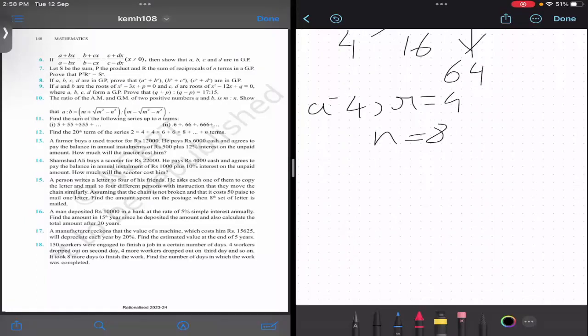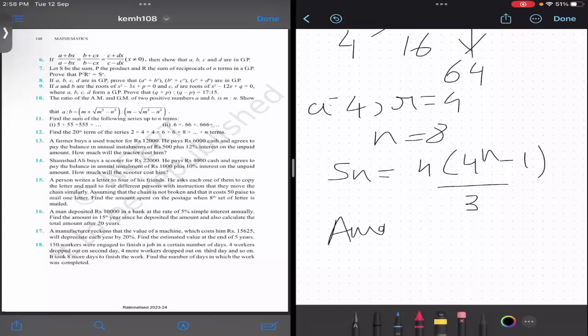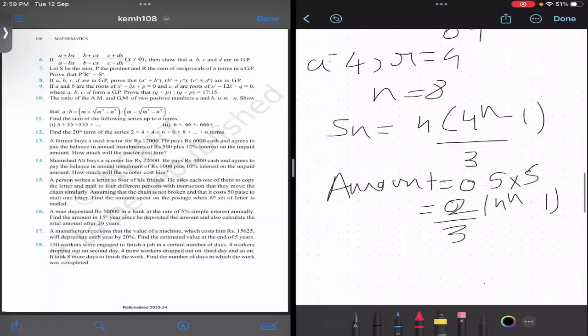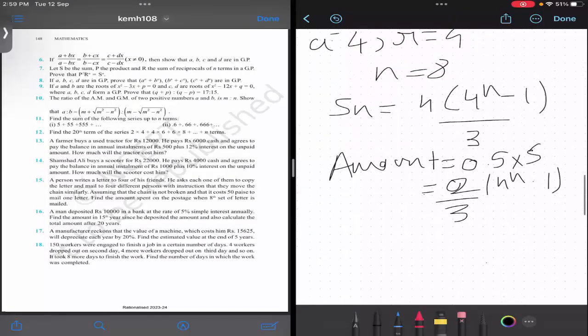Therefore, the summation of this GP, Sn, is going to be the first term 4 into 4 to the power n minus 1 upon 3, and the amount spent would be 0.5 into S, because we are spending 50 paise, which converted to rupees is 0.5 rupees, into S, and that will be 2 upon 3, 4 to the power n minus 1, right?